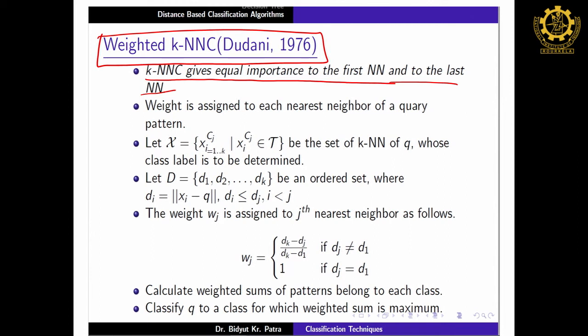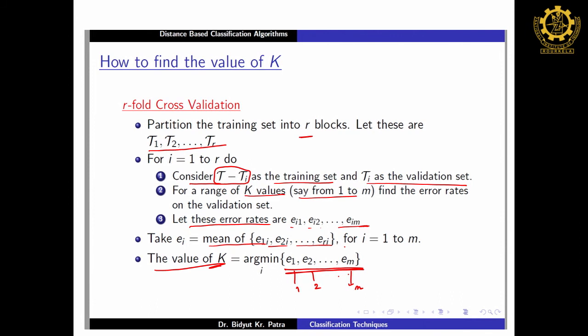So, you have to give a weight to each neighbor; that is the idea of the weighted k nearest neighbor. Now, how do you give the weight? Dudani gave a weight scheme. Suppose x is the unseen object, and you have found the k nearest neighbors of the object x.